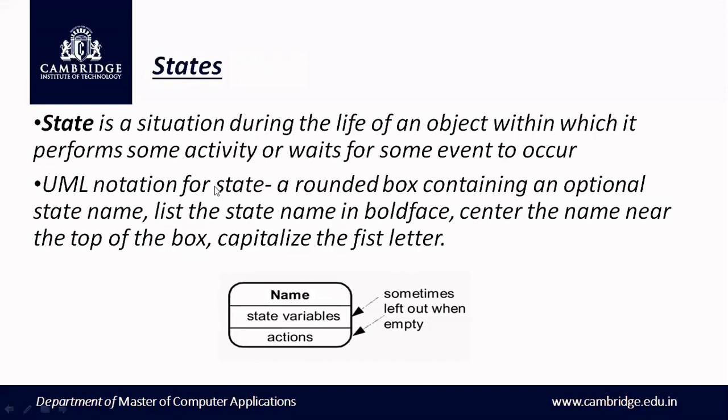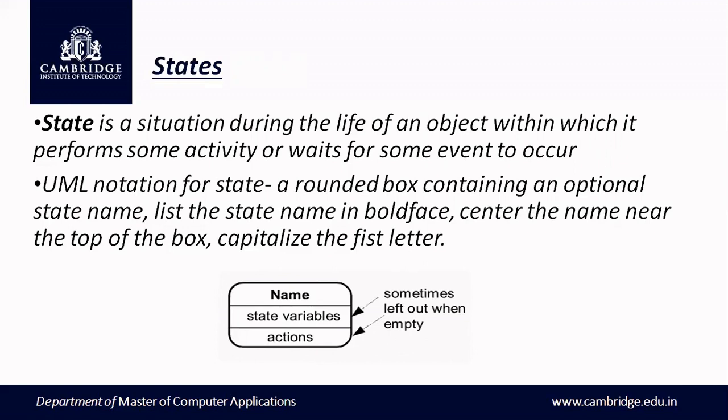And the UML notation we use here is a rounded box, which has three compartments. The first compartment indicates the name of the state, and a particular convention is used here: the name will be in bold face, and the first letter of the state name should be capital.